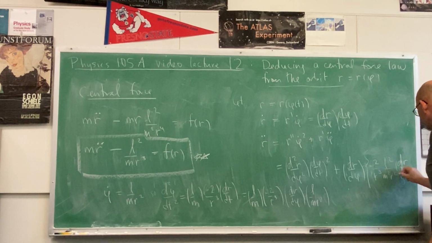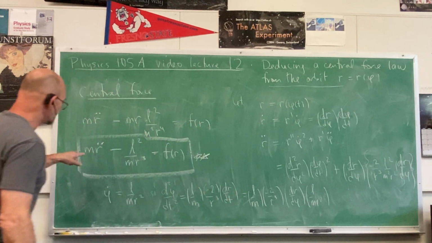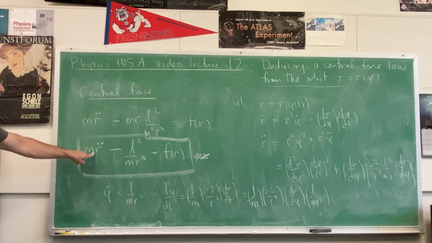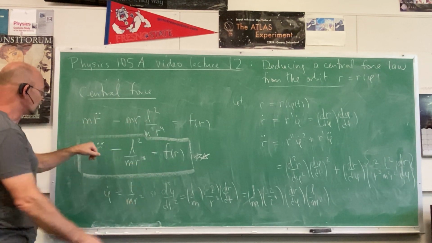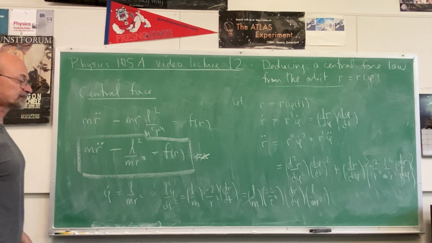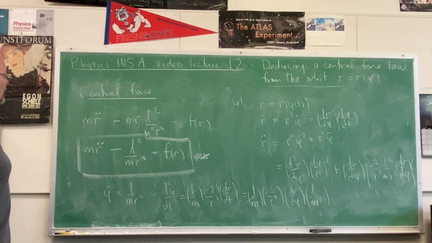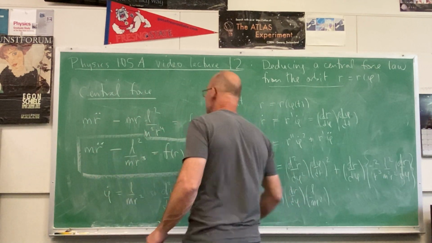So those are our ingredients. If we can make that replacement now with m r second derivative, with what's on the board there, then we will have this entire formula without any time, or rather with just spatial derivatives. And that is our goal. So let's see if we can do that.